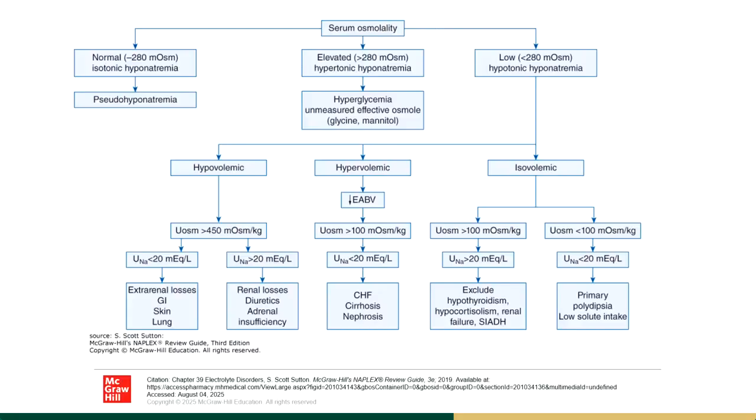All right, so this is seemingly a complicated flow chart, but it has to do with all the stuff we've talked about so far. So the first thing you look at is serum osmolality. So that's something you can either estimate or you can look at the lab, because the labs will have estimated osmolality on them. If it's normal, that would be isotonic hyponatremia, that would be considered pseudo-hyponatremia.